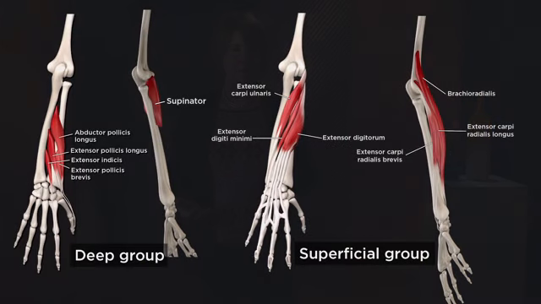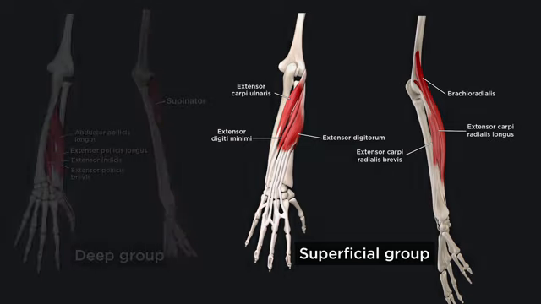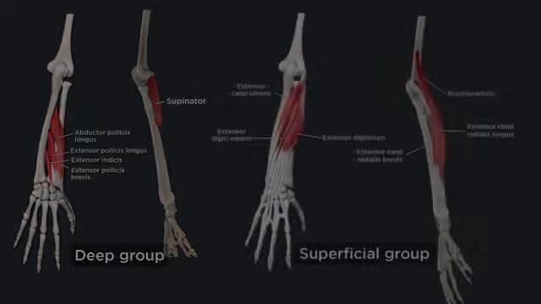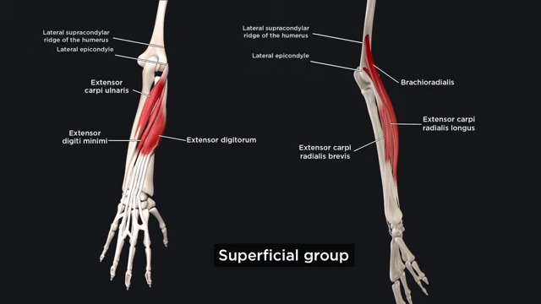The posterior forearm has even more muscles than the anterior compartment, 11 muscles total. These are typically divided into 2 main groups. There's a superficial set of 6, and then 5 deeper muscles. The superficial muscles all take origin on or just proximal to the lateral epicondyle, so it's called the common extensor origin.